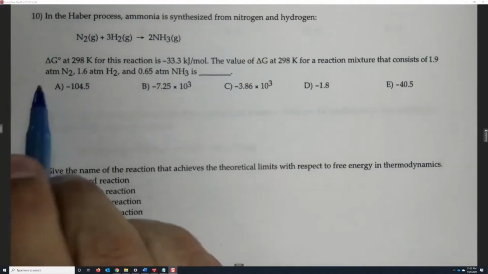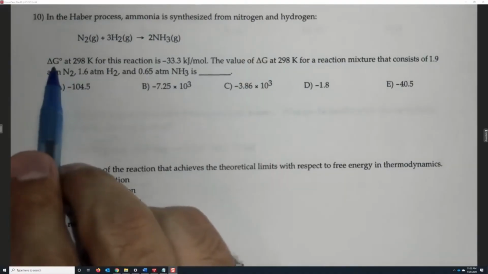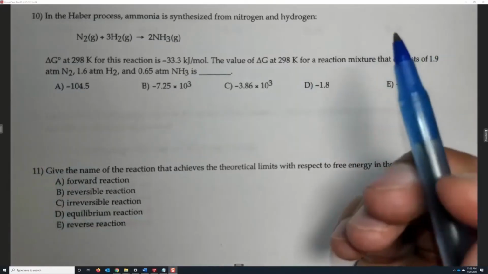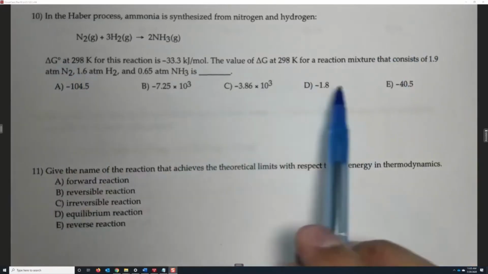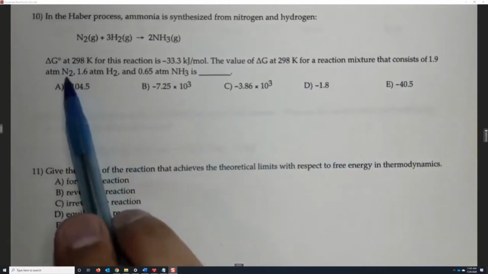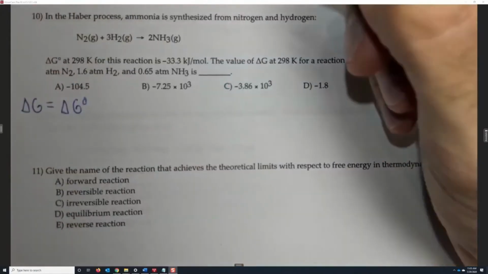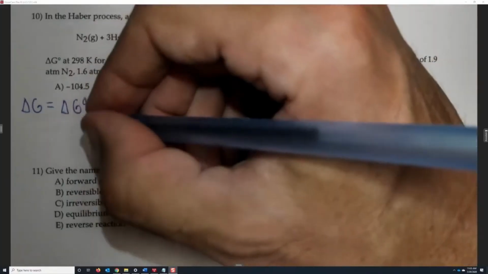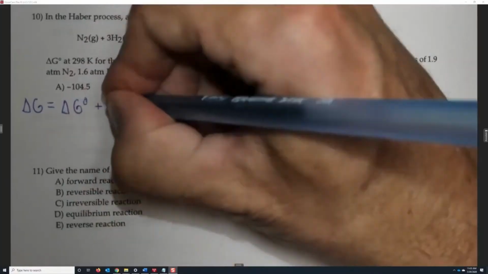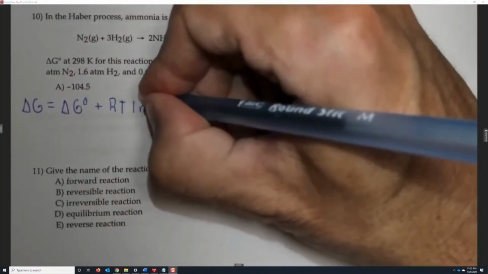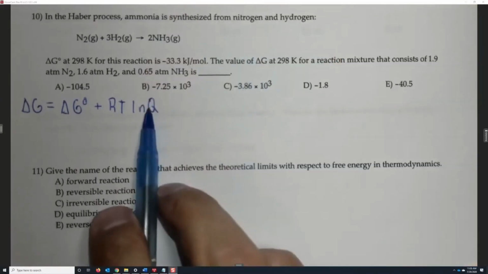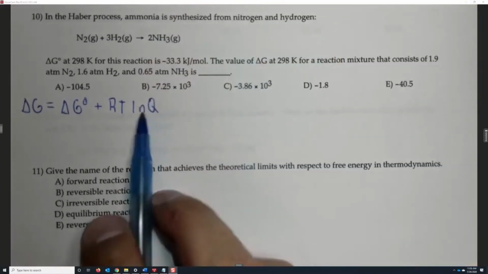So this is looking at the difference between delta G at the standard state as opposed to delta G at current conditions, which are not 1 atmosphere of pressure of all of these things. So in order to find that, we have to use the equation delta G equals delta G naught, the standard one, which is given to us, plus RT ln Q, where Q is current conditions.